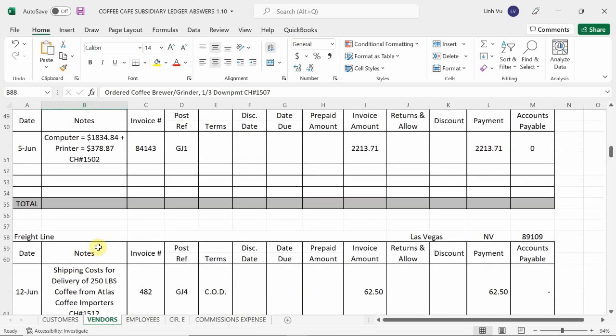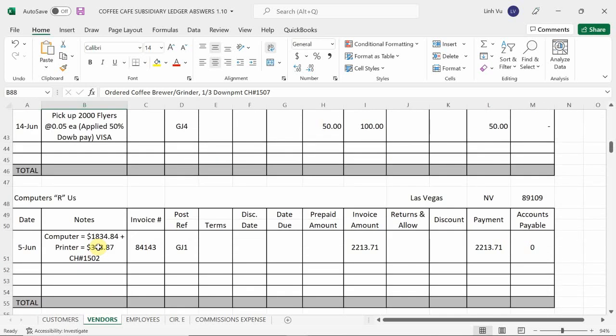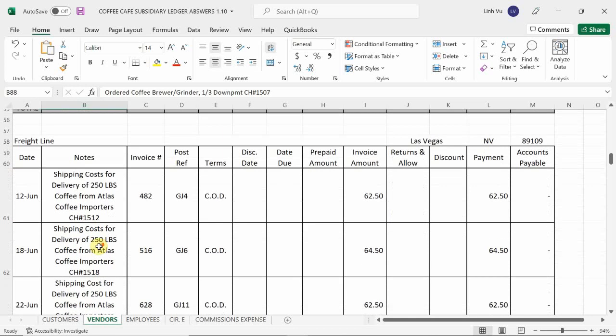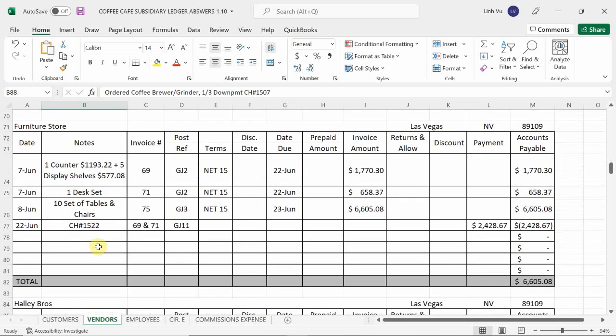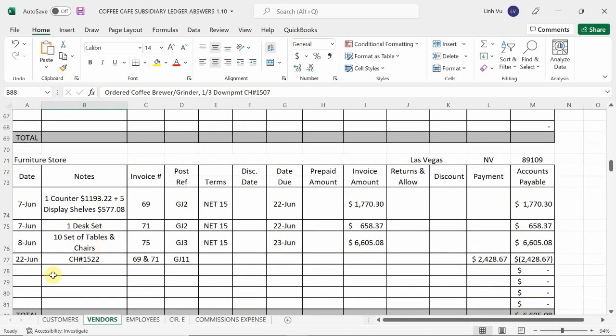Okay, freight line, here you go, furniture store is underneath. Okay, furniture store. So include the actual appropriate date. In this case, it's the 23rd. And go ahead and put your check number. We paid with 1524.